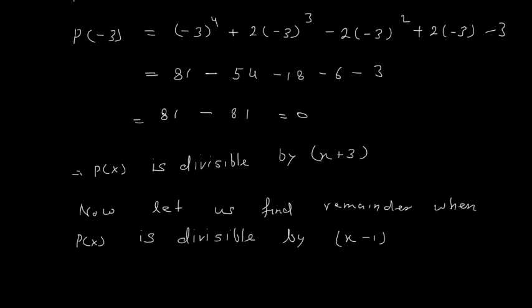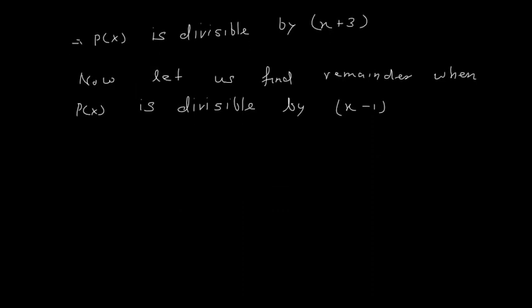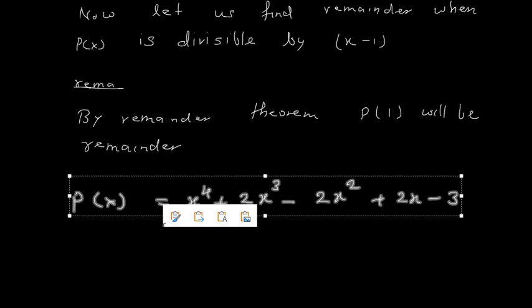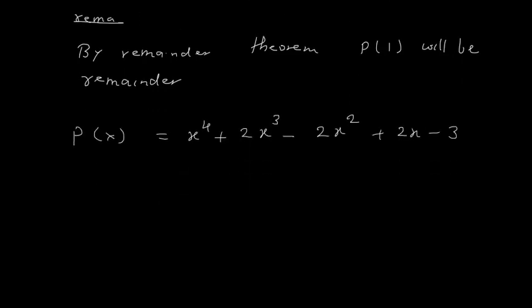So by remainder theorem, P of 1 will be the remainder. Now the value of P(x) is this, so we find P of 1: it is 1 plus 2 minus 2 plus 2 minus 3. So what did we get? 0.